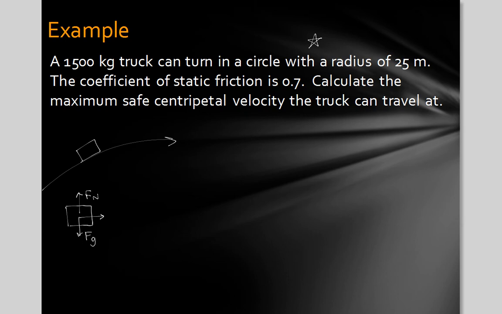And when we're talking about vehicles making turns, the force that supplies the radially inward acceleration is the force due to friction. We're given the coefficient of static friction, and that implies that it's not sliding.